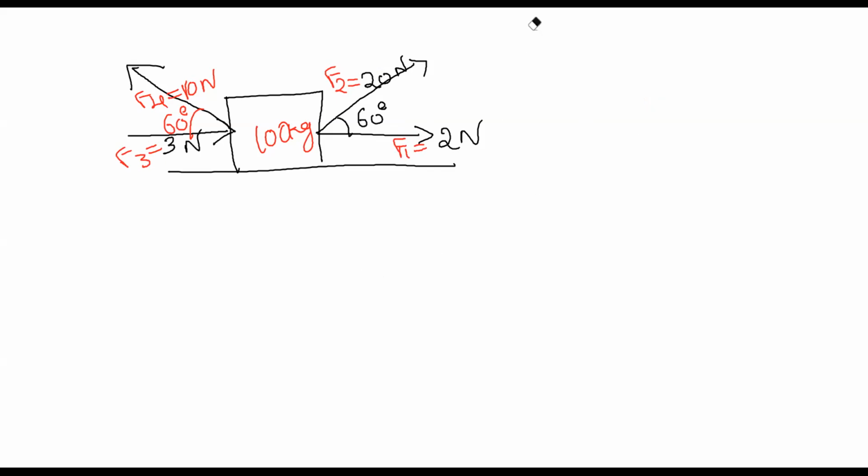So first, into components means F1 and F3, is there any need to divide them into components? They're already in x-axis, right? In x direction. So there is no need to divide them into components. Because it's already in this. If you divide also in y, you will get 0 itself.